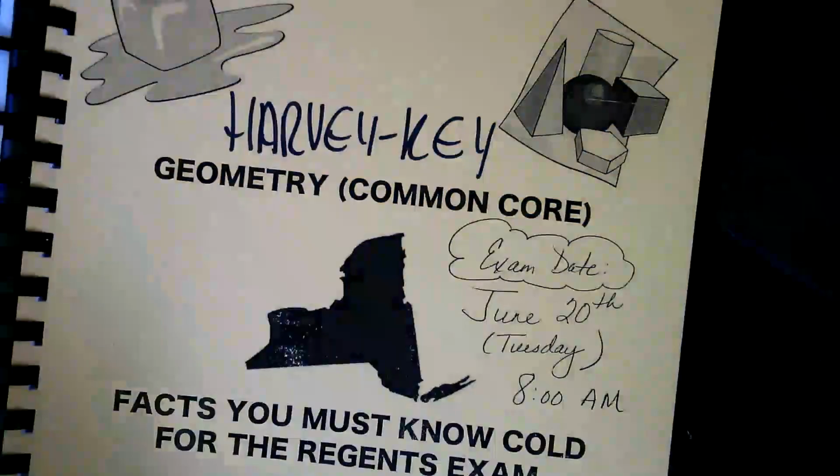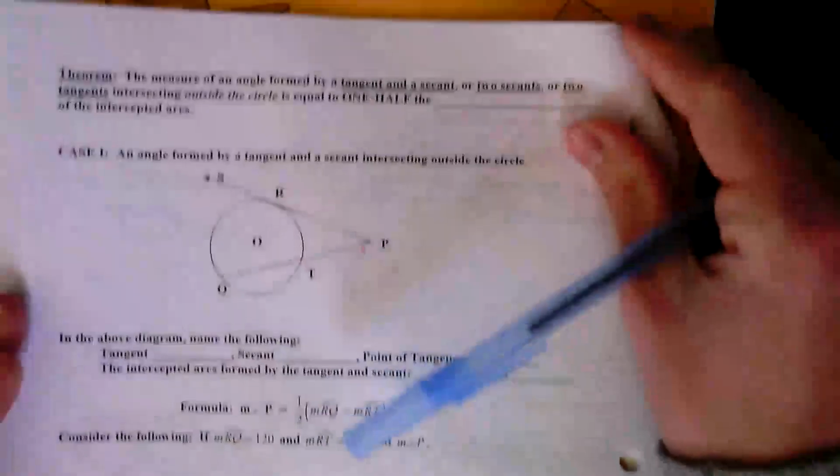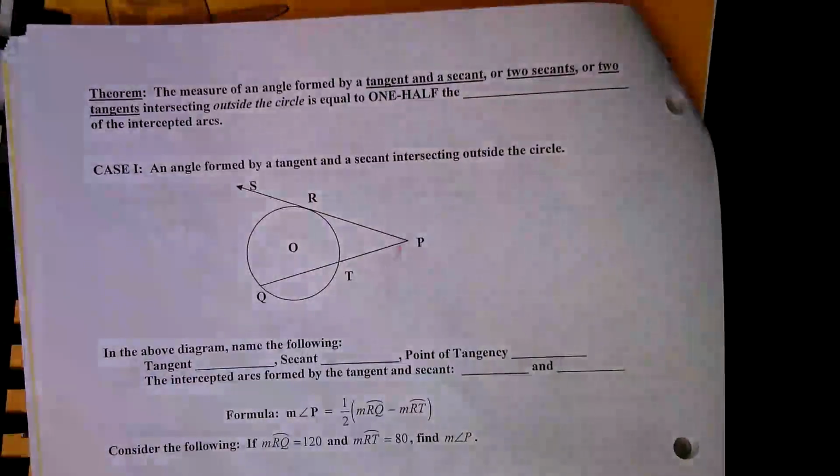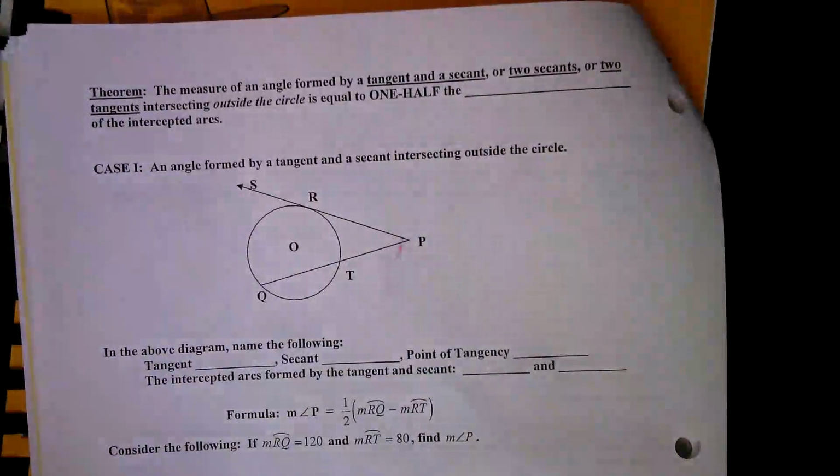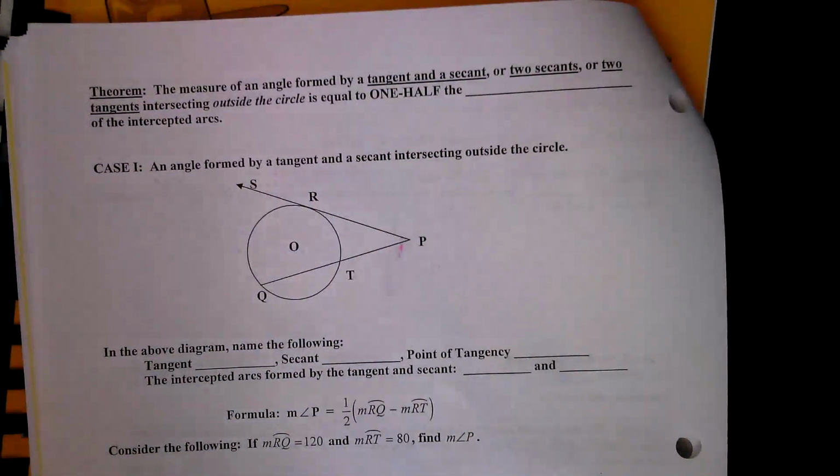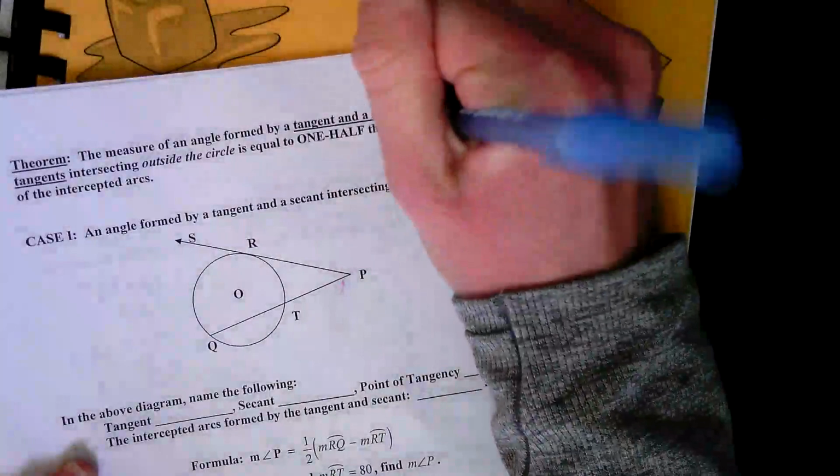Okay, let's go on to the next page. All right, so new theorem. The measure of an angle formed by a tangent and secant, or two secants, or two tangents, so there are three different cases here, intersecting outside the circle is equal to 1/2 the difference of the intercepted arcs.